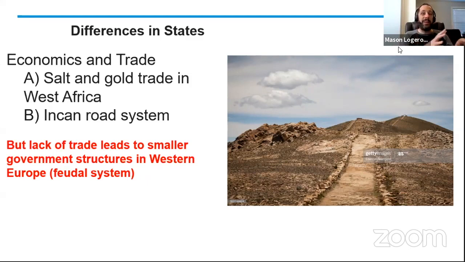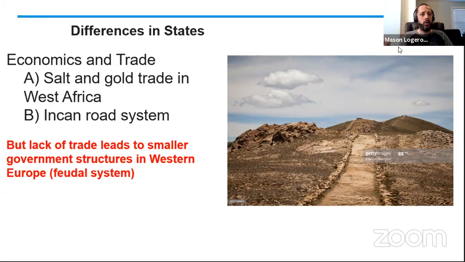Or consider down in South America, the Incas. Remember, the Inca Empire kind of ran down the coast of the Pacific, between the Pacific Ocean and the Andes Mountains. It was a very geographically long empire. And so the Incas built this amazingly intricate system of roads up and down the coasts, but also into the Andes Mountains.